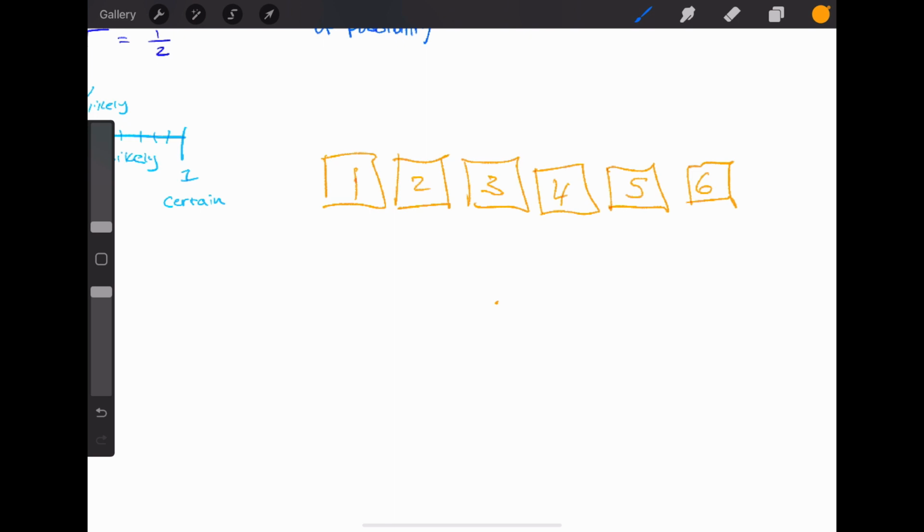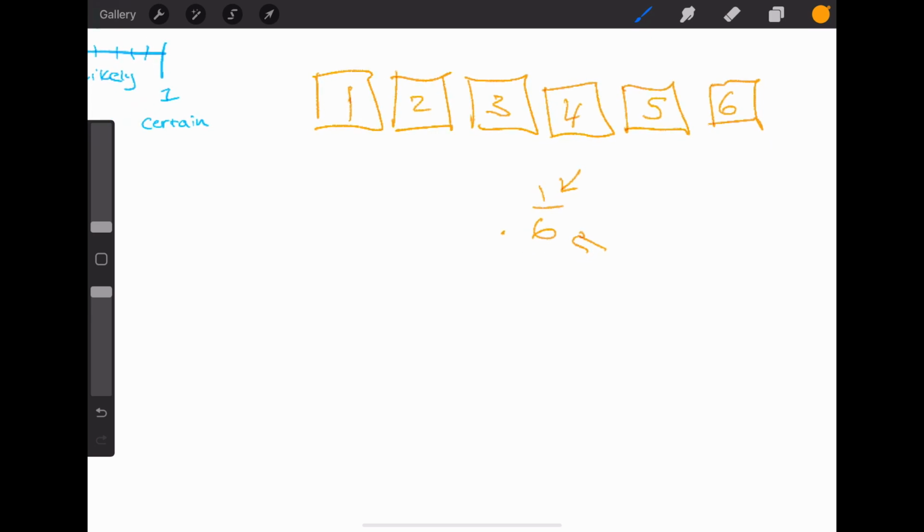So that means say we want to land on a number at random, then we have a 1 in 6 chance of it landing on something. We want one number, which is the numerator, but we have 6 possible outcomes, which is the denominator.